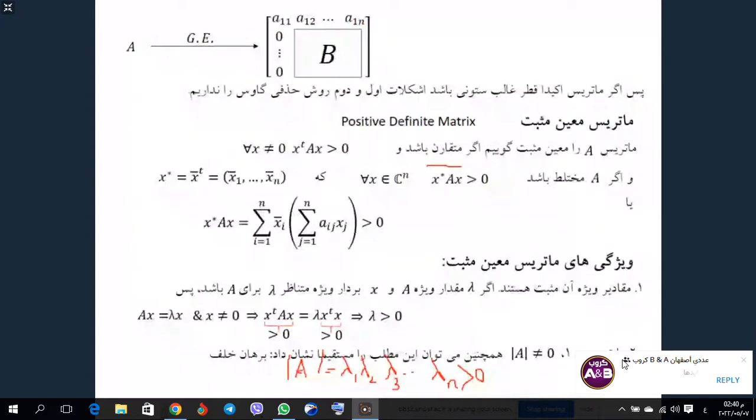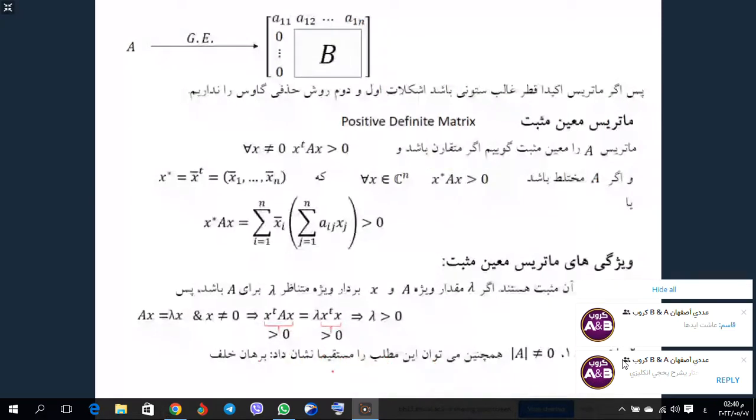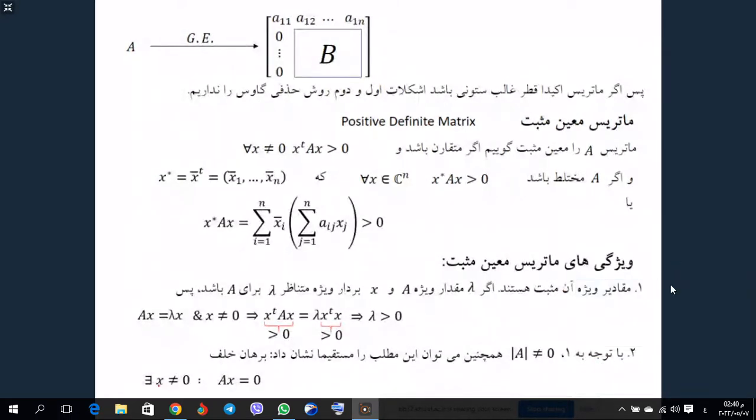We can also prove that directly, not using the first property. We use proof by contradiction. If the determinant of A is equal to 0, that means there exists a non-zero vector x such that Ax equals 0. If we multiply this equation by x transpose from the left, we have x transpose Ax equals x transpose times 0, that is 0.